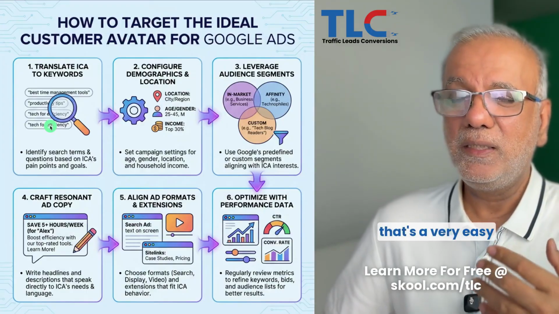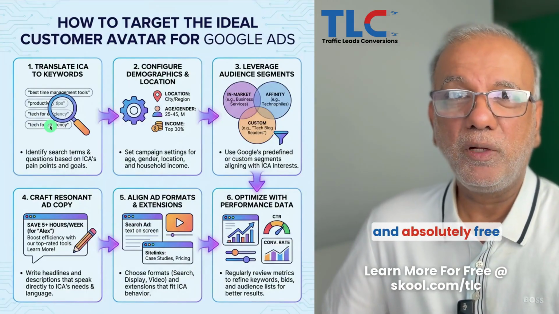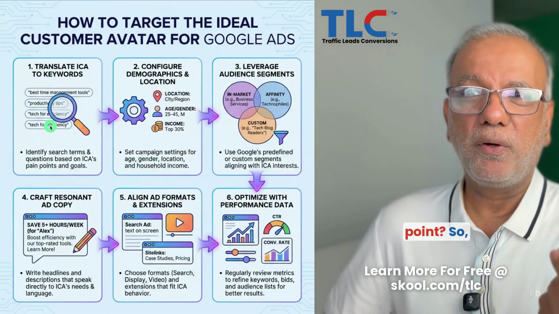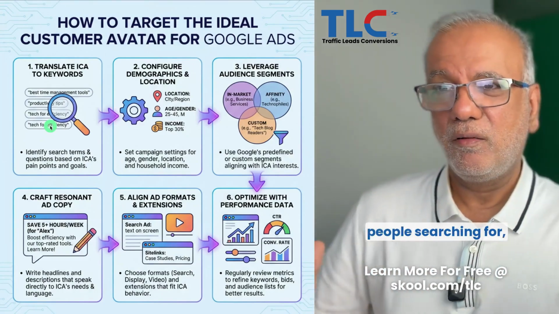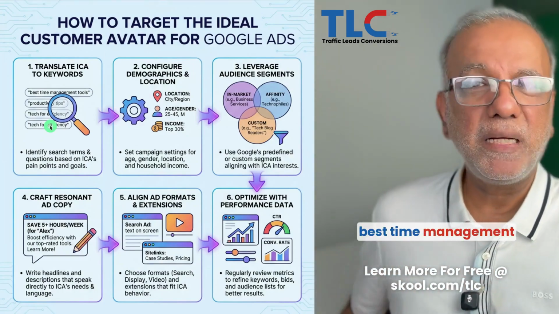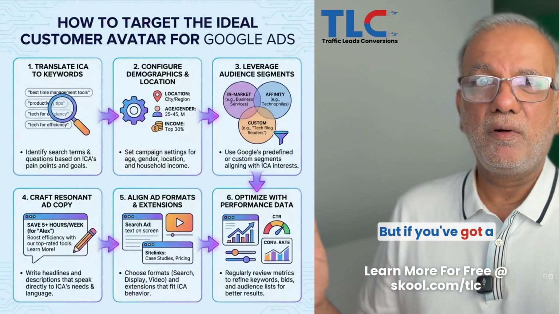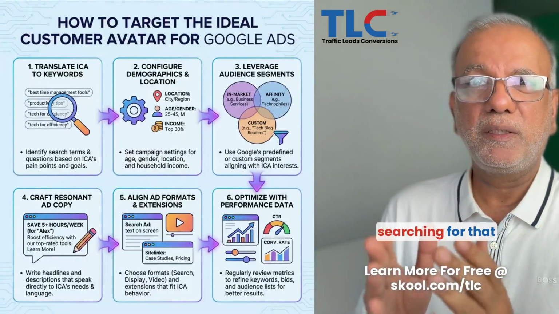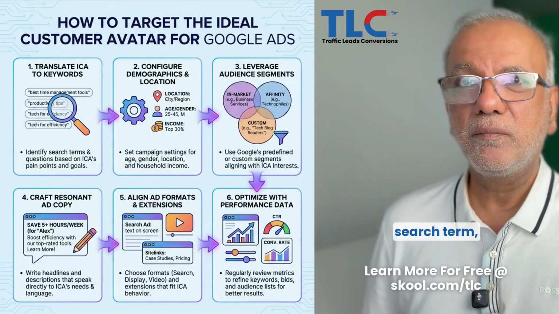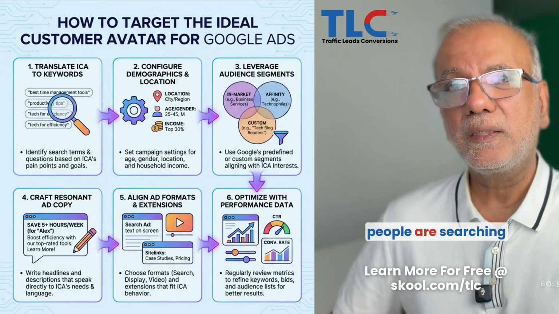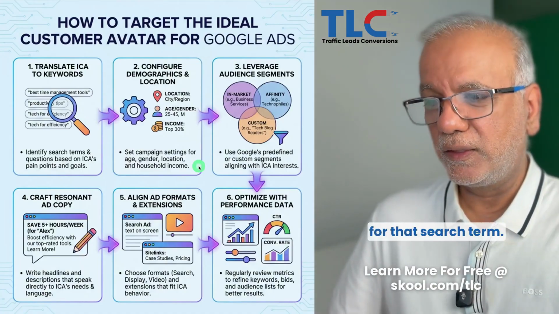So that's a very easy and quick, and absolutely free way of finding out what people are searching online. What is the pain point? So if you've got lots of people searching for, let's say, best time management tool, that means you've got a big market. But if you've got a small number of people searching for that search term, that means very few people are searching for it.